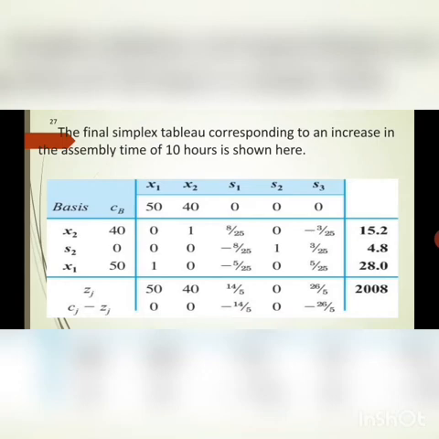The basic variables x sub 2, s sub 2, and x sub 1 are feasible because they are non-negative. Just as we predicted, the value of the optimal solution increased by 28, from 1980 to 2008.